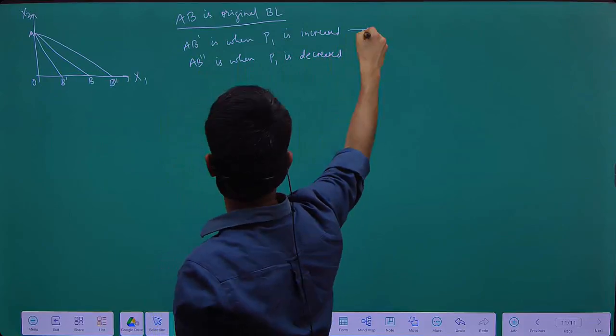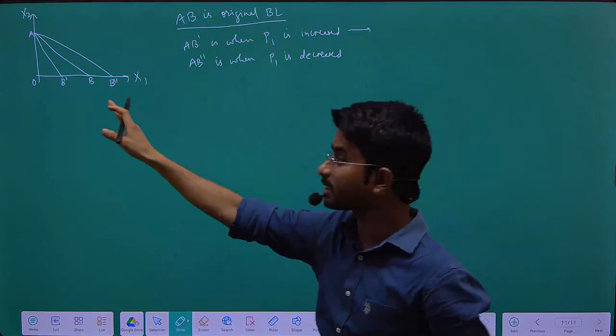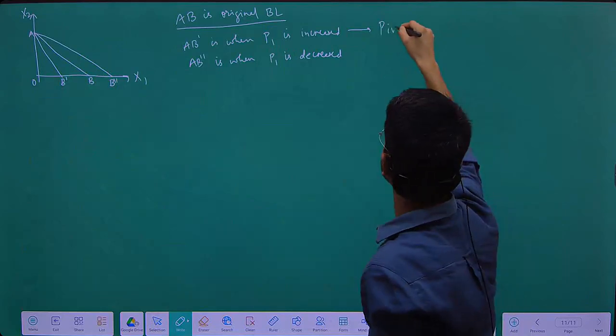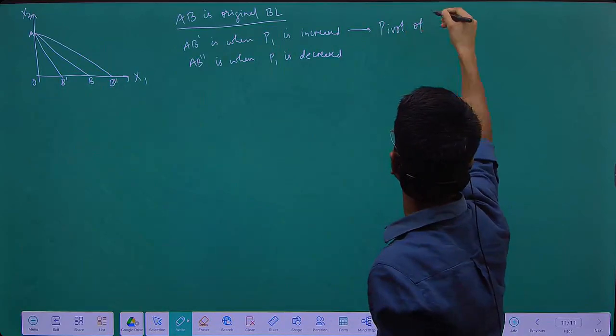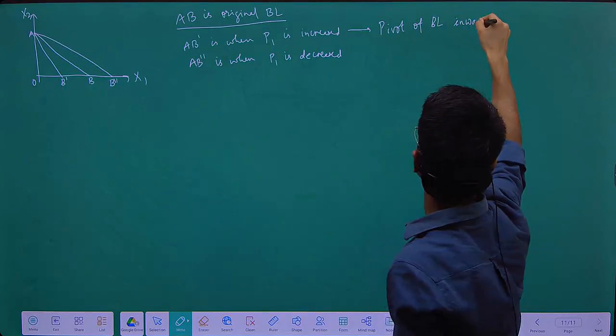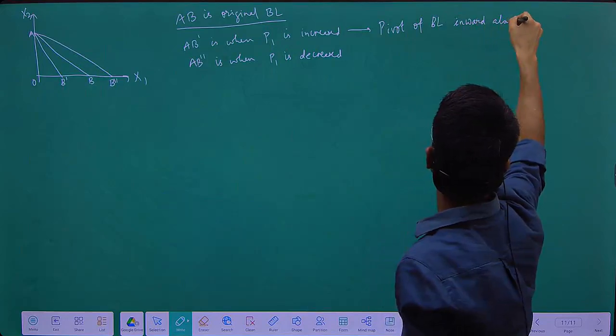So if P1 is increased, in that case you have the pivot of the budget line inward along the x-axis.